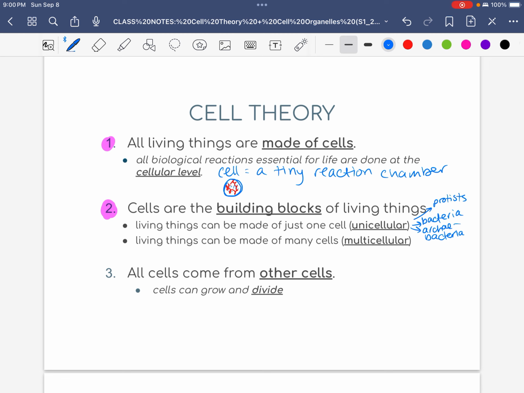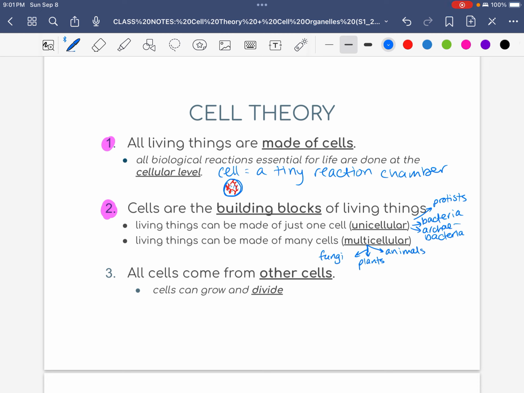And then multicellular things are things like fungi or fungus, plants, and animals.